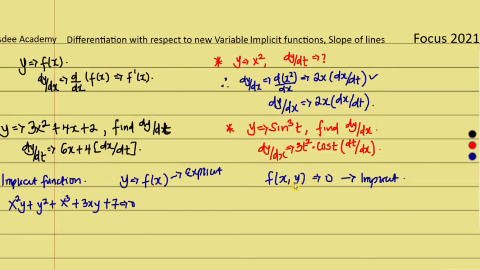For an implicit function, we have more than one variable. So an expression that is expressed in more than one variable is definitely called an implicit function. What we do when we are dealing with an implicit function is that we try to differentiate x with respect to y.